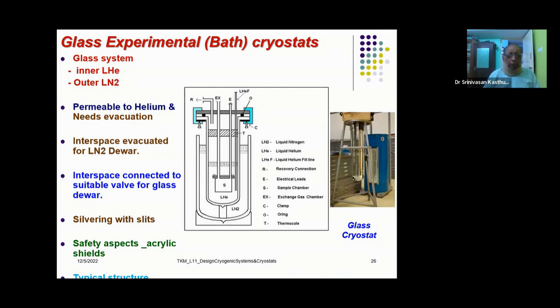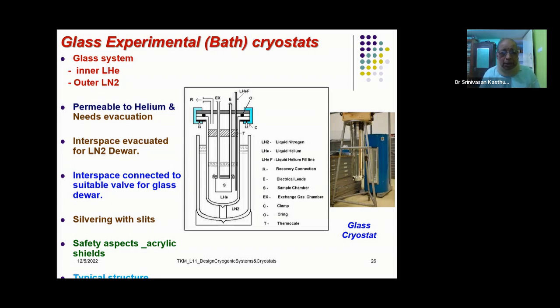Now you can think of glass cryostats or metal cryostats. First let us start with the glass cryostat. This glass cryostat, as you can see, has liquid nitrogen pre-cooling to reduce the radiation losses, and therefore you have an outer vessel which contains liquid nitrogen and an inner vessel containing liquid helium, right?